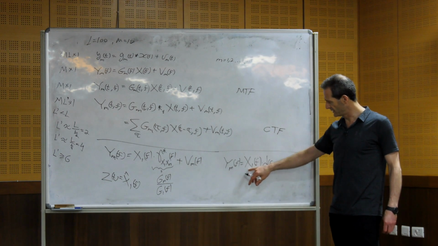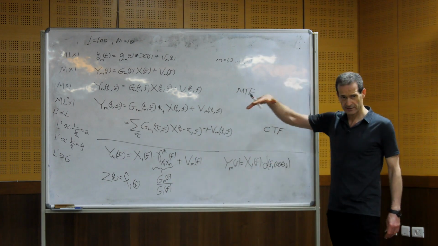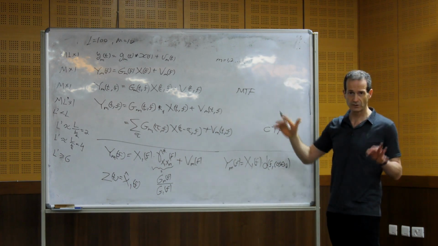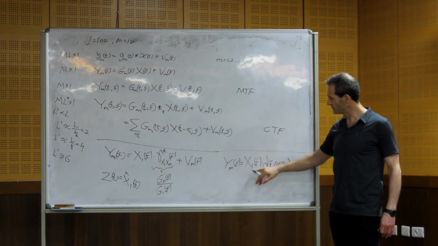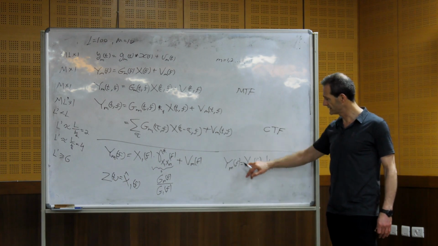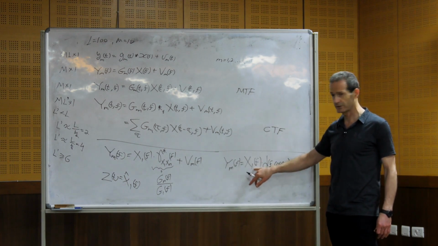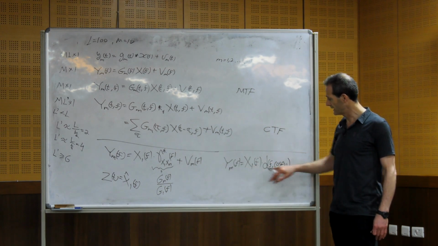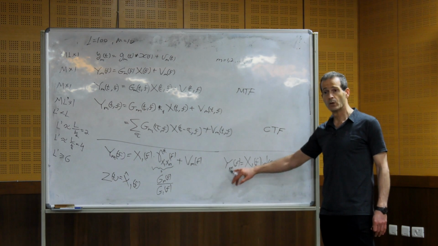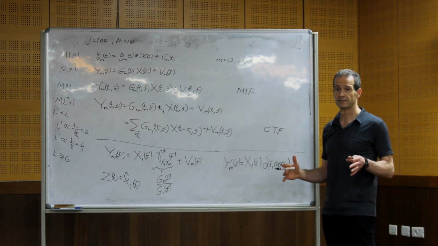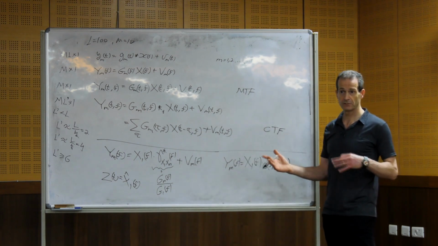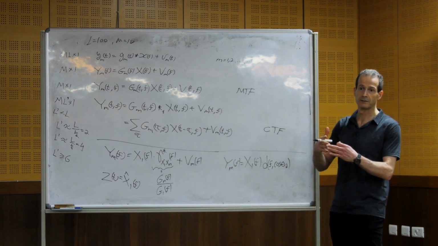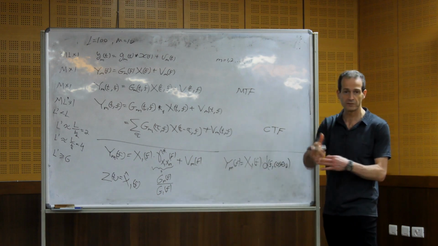Because if you have a source that propagates and hits a sensor array, and this is the observed desired signal in the reference sensor, then the desired signal in sensor number m will be just a delay, either plus or minus, depending on whether it hits that m-th sensor before or after.